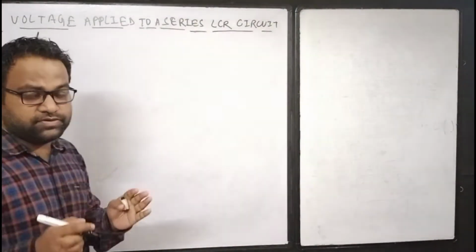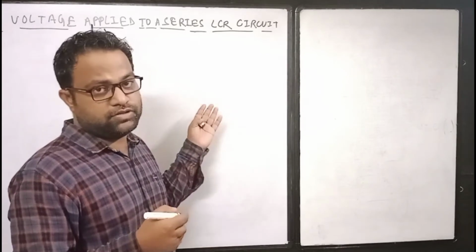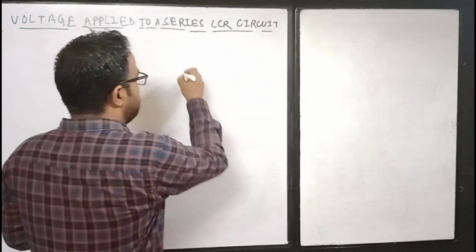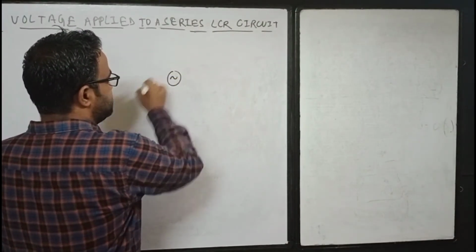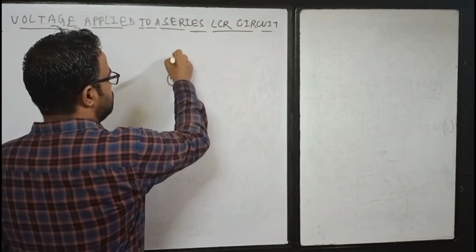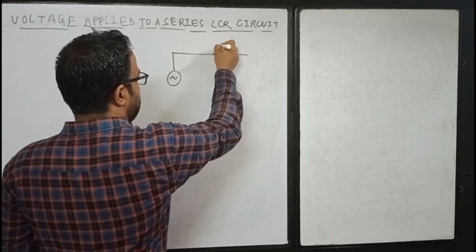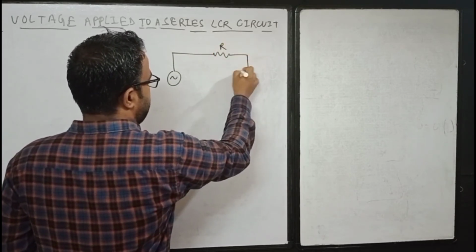So let's first draw the circuit diagram. Here we'll provide an AC voltage to the series LCR circuit. Let's say this is your resistor R and a capacitor will be there.